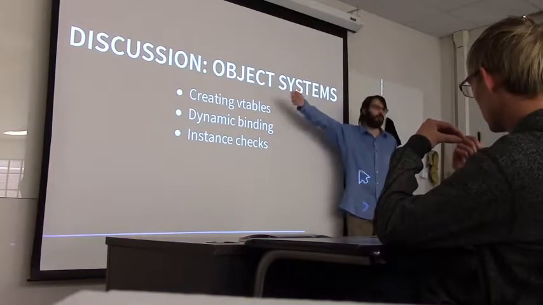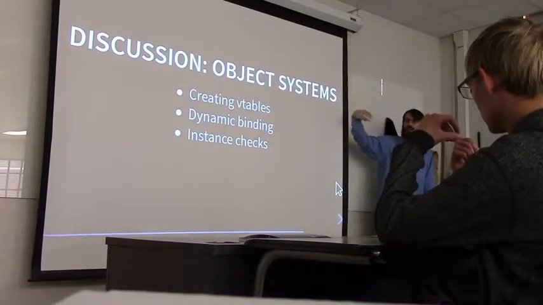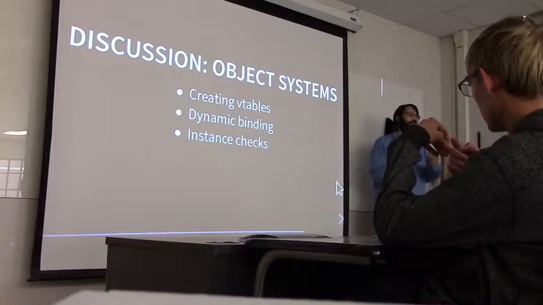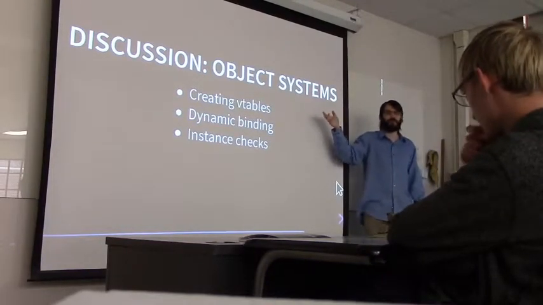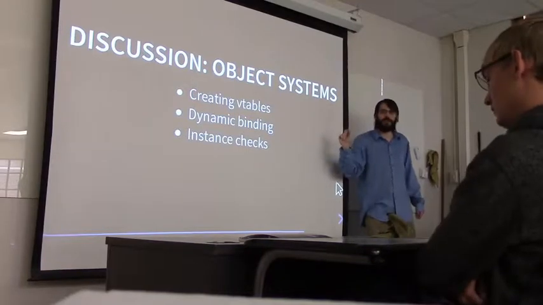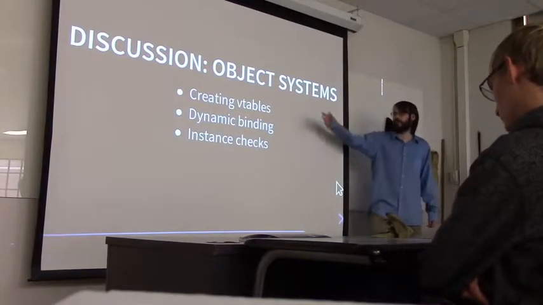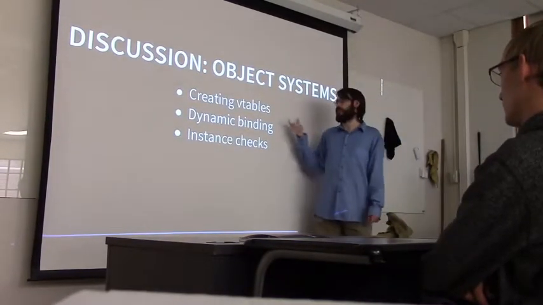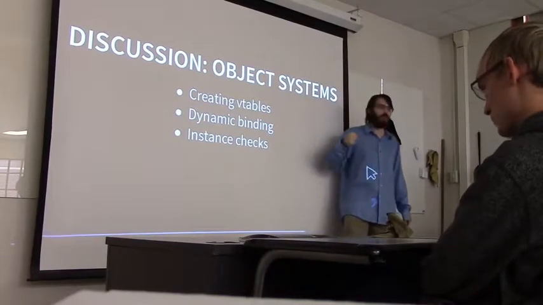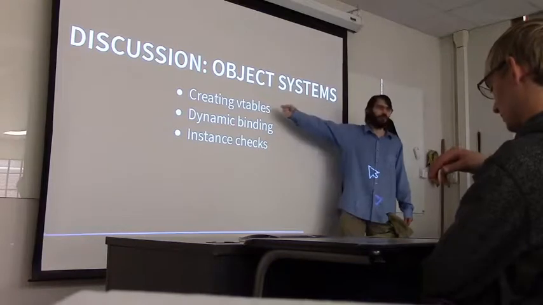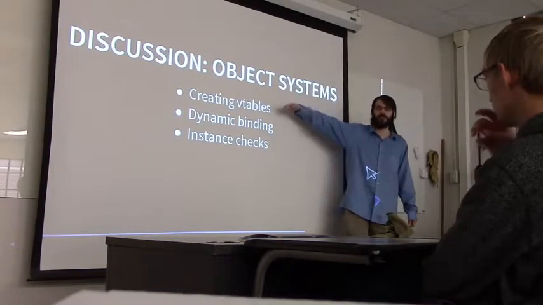Terra lets you use any object system you please. They've got several pre-built ones you can choose from, or you can write your own with extra functionality if you need it, and it's not hard to do. For things like that, you need to create vtables, figure out dynamic bindings, and check instance types.